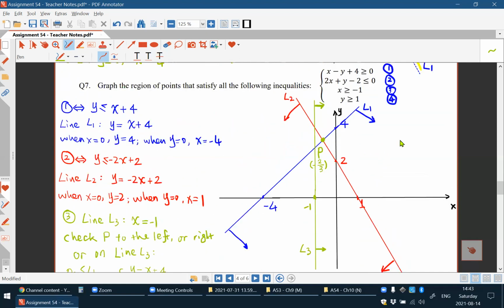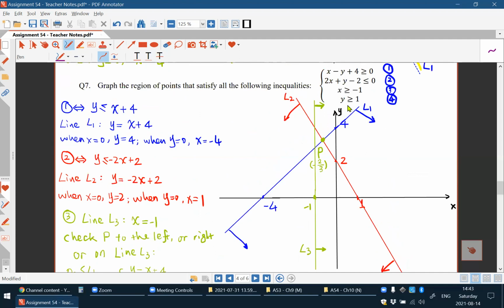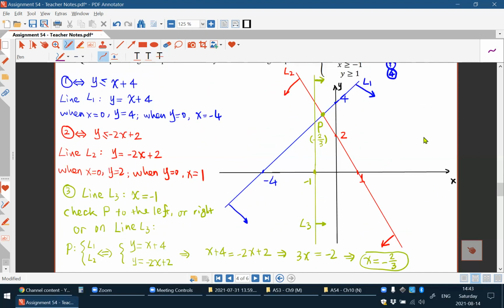Okay, so there is another inequality, which is y should be greater than or equal to 1, right? So the corresponding boundary line, let's call this L4, is y equals 1, right? Okay, so y equals 1. Also, line 4 could look like this, this, or this.